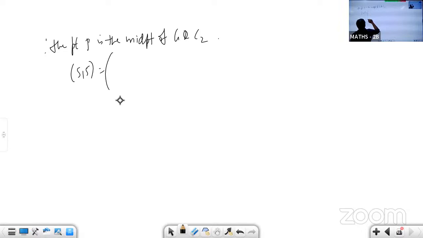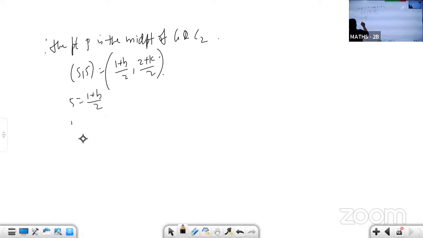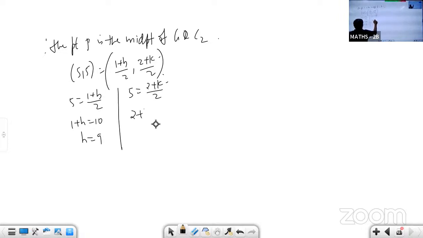That is nothing but 5, 5 is equal to, taking the midpoint formula, 1 plus H by 2, 2 plus K by 2. Right? So 5 equal to 1 plus H by 2, 1 plus H equal to 10, which is H equal to 9. And K is 8.